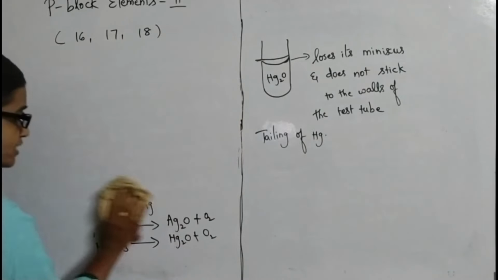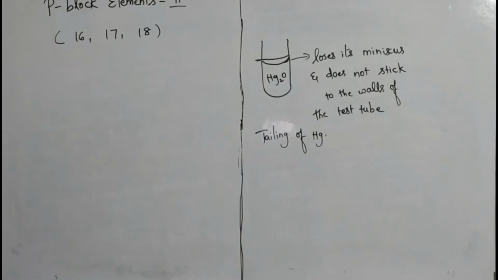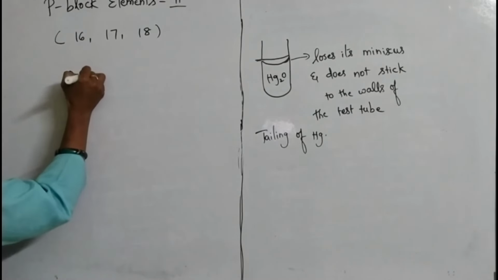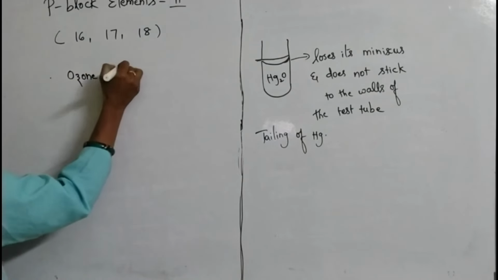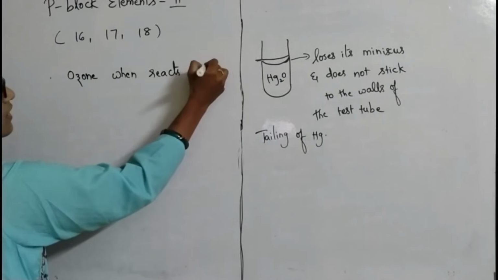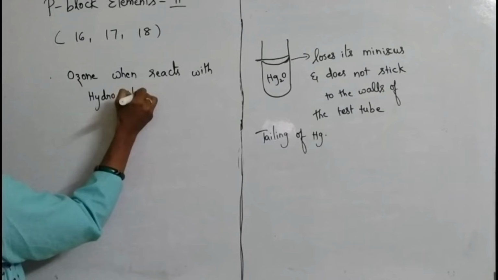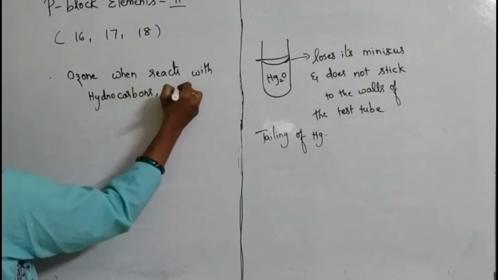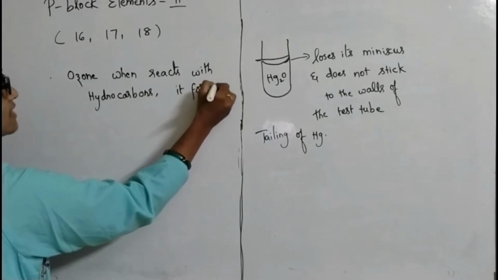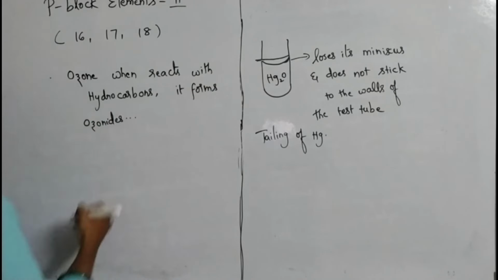Next we'll move on to hydrocarbons. When ozone reacts with alkanes or alkynes, what do they form? Ozonides. Remember, when ozone reacts with hydrocarbons, it forms ozonides.